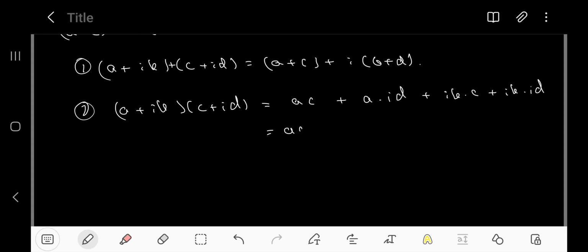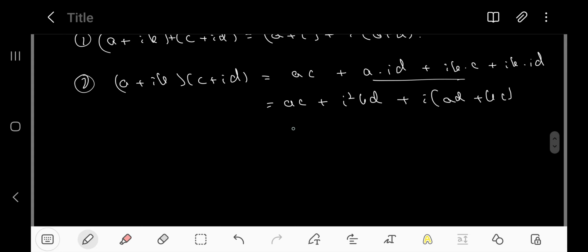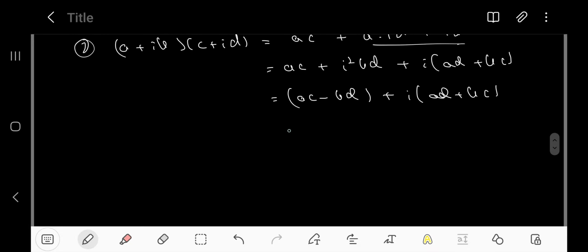So we can write it as ac plus i squared times bd, and from here we can take i common outside, so this is i times (ad plus bc), right? Now i squared is negative 1. So this is (ac minus bd) plus i times (ad plus bc). Is this clear, right?